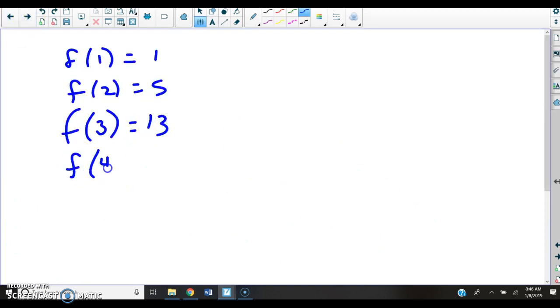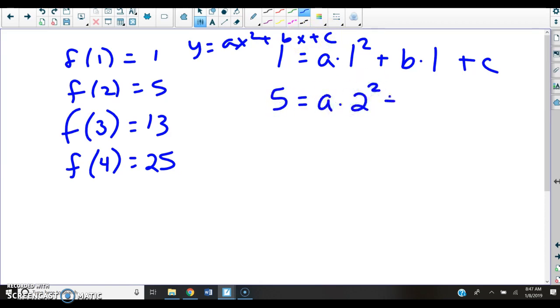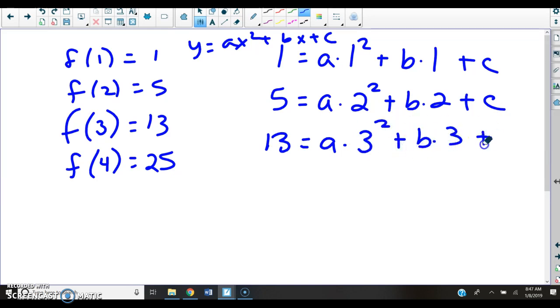F of 4 was 25, but I don't need that much because I can go back and say 1 equals a times 1 squared plus b times 1 plus c, and I'm using y equals ax squared plus bx plus c. So then the next one, 5, would equal a times 2 squared plus b times 2 plus c. And then the next one, 13, would equal a times 3 squared plus b times 3 plus c.